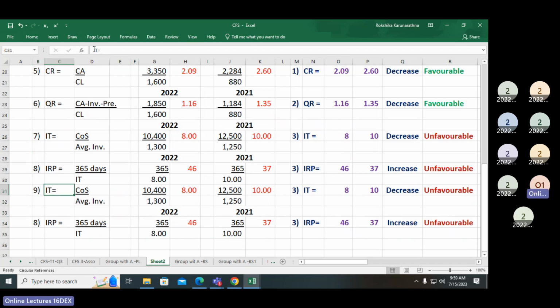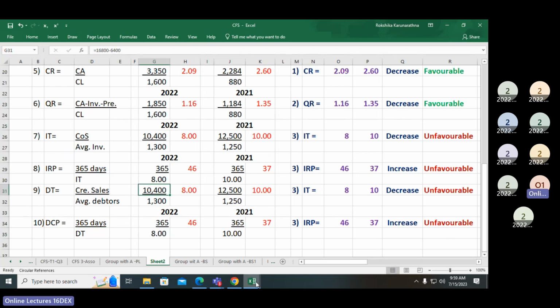Then debtors turnover and debtors collection period. Debtors turnover, credit sales divide by average debtors. 365 days divide by debtors turnover.